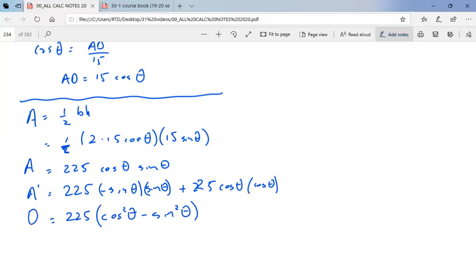If this is equal to 0, because we want to find our maximum, we want to find where the slope of this curve is equal to 0, so therefore we let A prime equal 0.